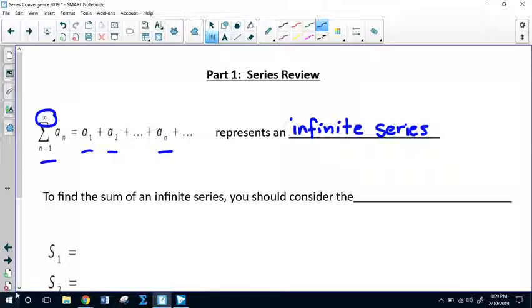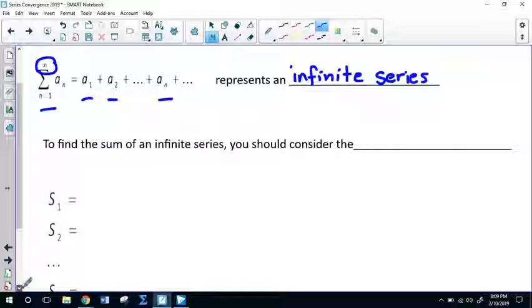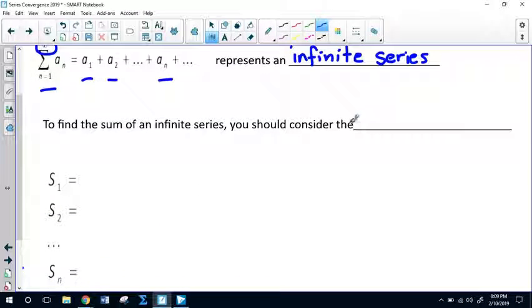Last year, when we talked about infinite series just a little bit, to figure out the sum of an infinite series, which I know sounds kind of strange even to say, what you would do is consider the sequence of partial sums. There were certain situations when a series would have a sum, okay?